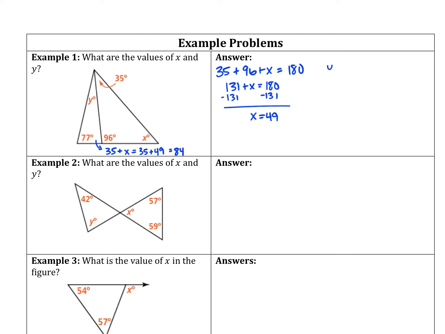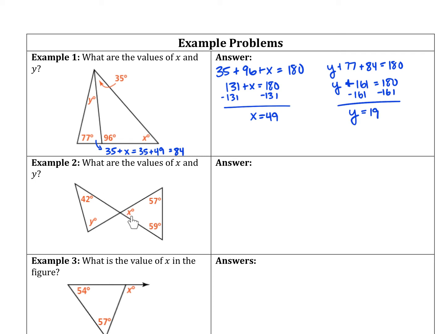And now if I take the y and I add 77 and 84 to it, I should have 180 degrees. So let's combine our like terms. Y plus 77 plus 84 is going to be 161 equals 180. Then I'm going to subtract 161 from both sides, and y will equal 19.